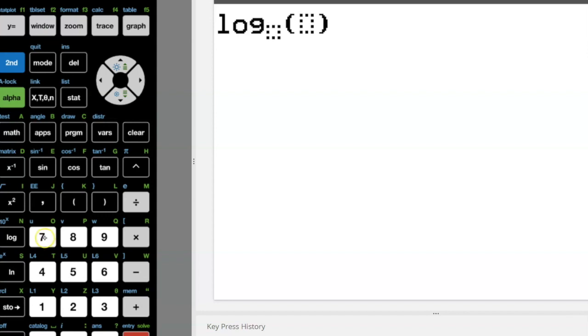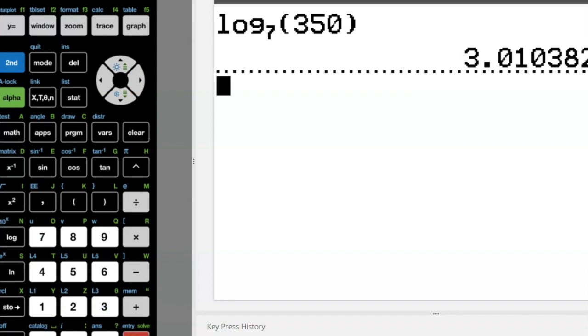So if we want log base 7, go to the right of 350, it is going to give us 3.01. Hey, that was a pretty good estimate that we had there. Maybe I've done this question before. But that is a great way of being able to solve for it using your calculator.